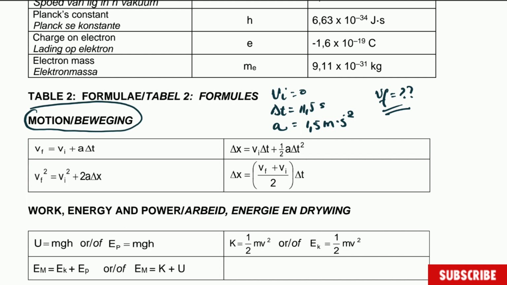That is what we're looking for. So out of all these formulas, which one best can help us with this question? Well, it is the first one, this one here, because it has all the variables we're looking for and we have. So that is the formula we are going to use.